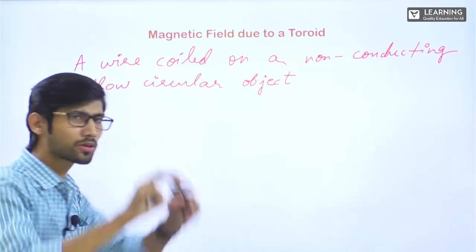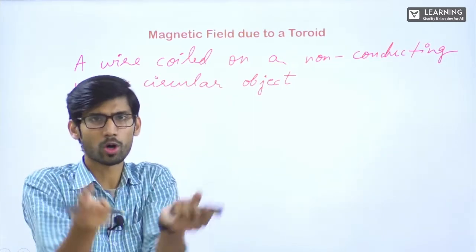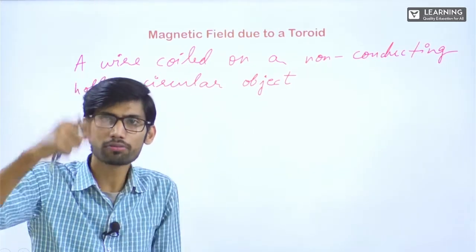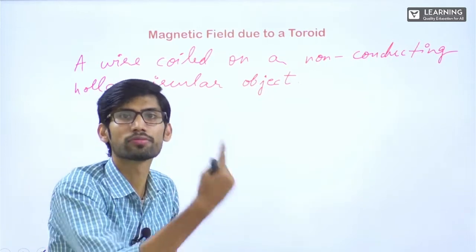Okay, any circular object is there, it is hollow and a wire is coiled around it, is wound around it.